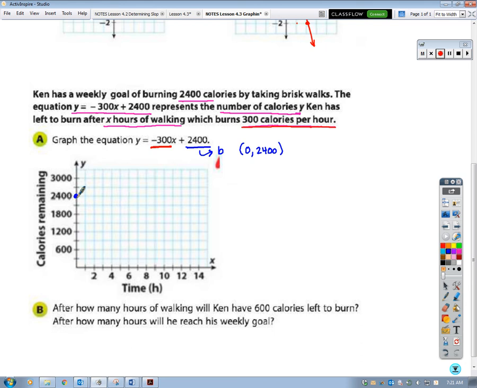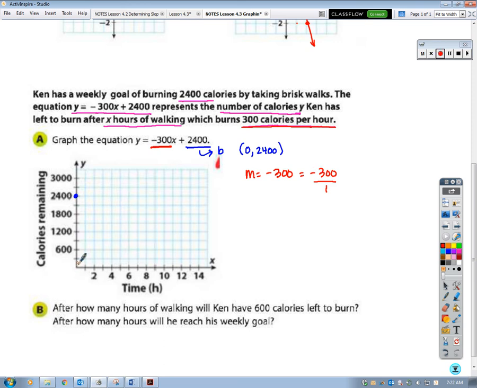And then we're going to find our slope from that equation, which is our unit rate of -300x. So in this case, m equals -300, which is -300 over 1. So similar to our previous slope, but a huge decrease, right? So this is where it's really important to make sure you're looking at your units.